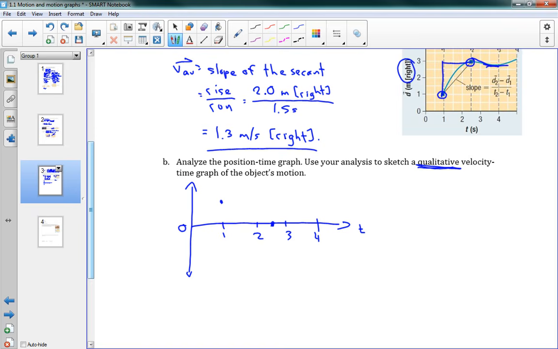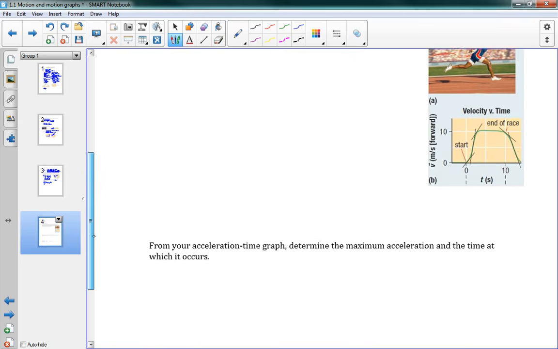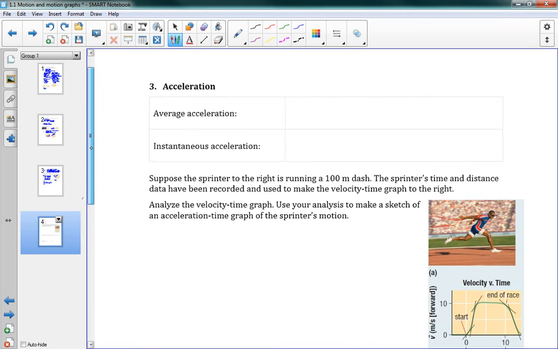So we can continue sketching that. We've got another 0 here. So I said it starts here, it goes down, under, and back up. So something like that. That's the sort of graph that we're looking at if we were to talk about the velocity here. Good. And we'll just take a look at the very last page here, which is just about acceleration.